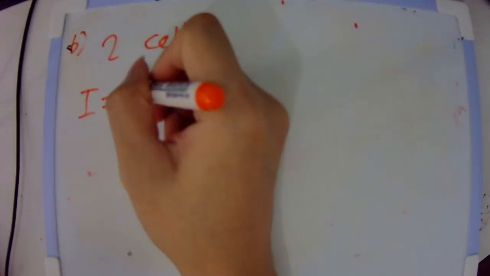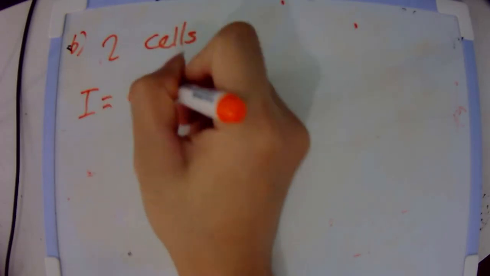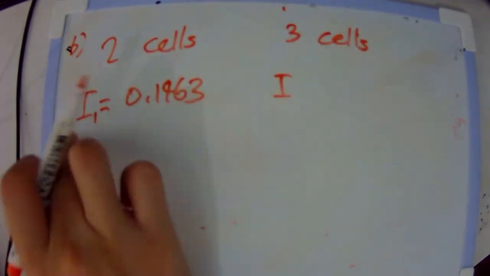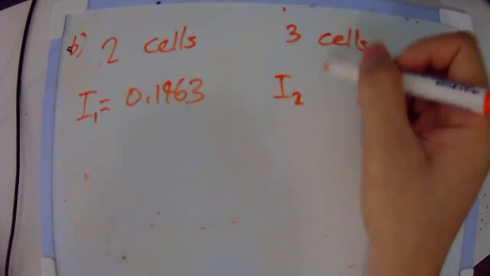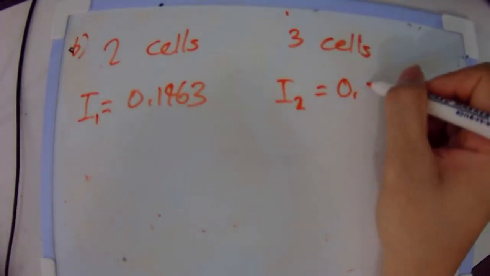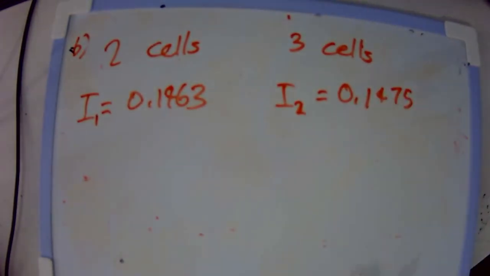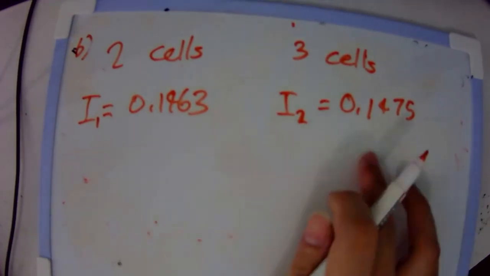So for 2 cells, we get a current of 0.1463, and with 3 cells, you get a current of, let's call this I1, let's call this I2, you get a current of 0.1475. Okay, the difference between these two.